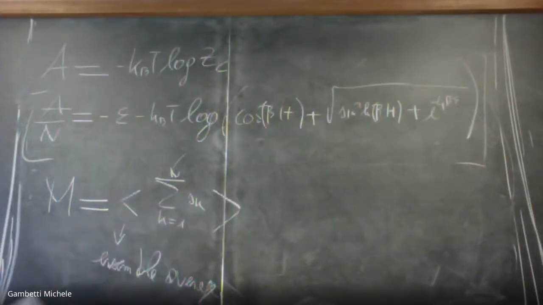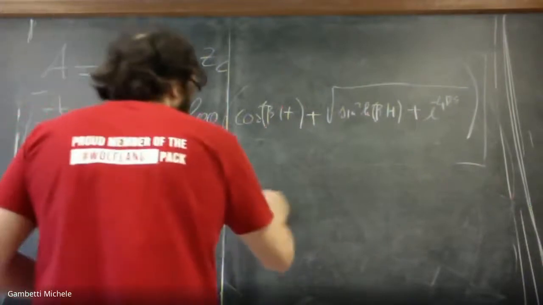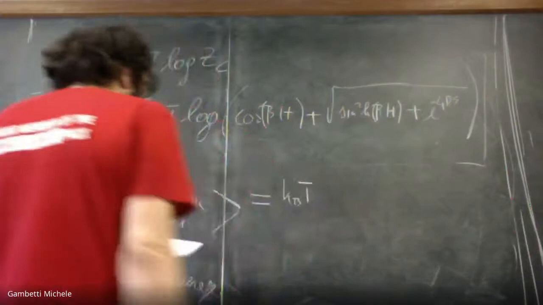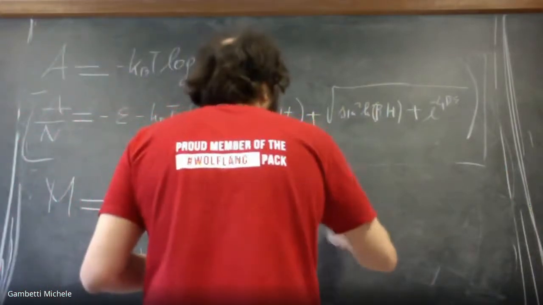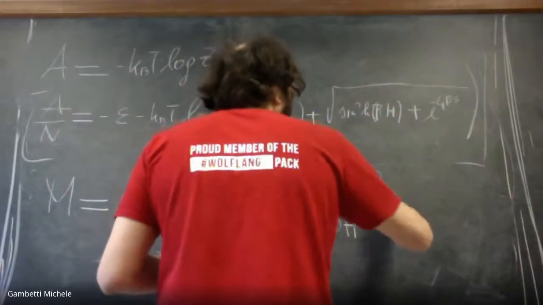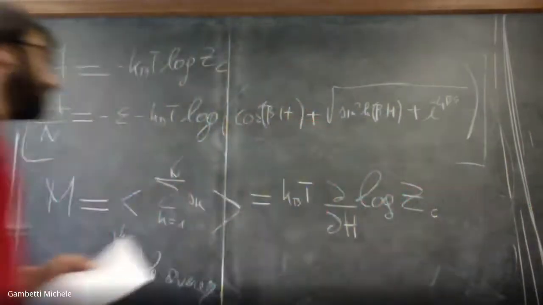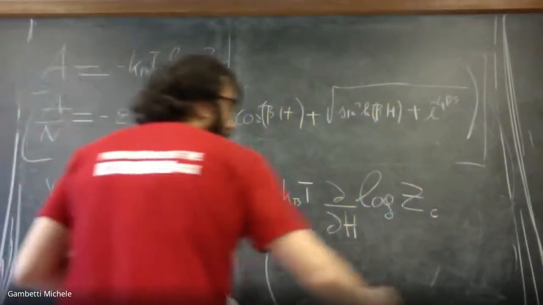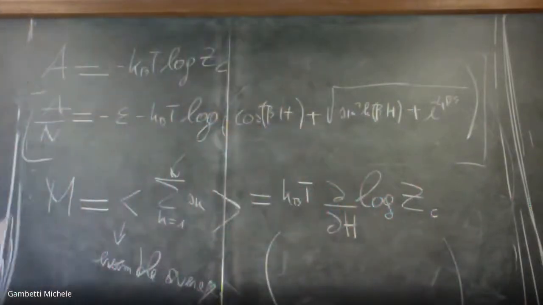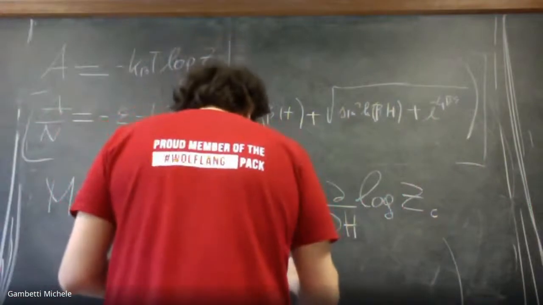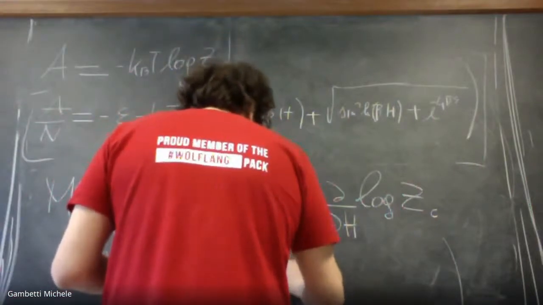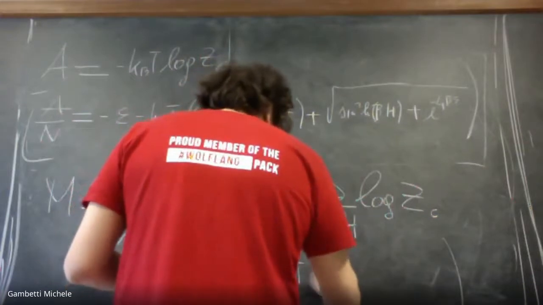Now, this quantity here, you can convince yourself, but I will show it, is actually kBT times the derivative with respect to h of the log of Z_C, which is the same as the formula that we wrote last time, the Landau one, with the derivative with respect to b.